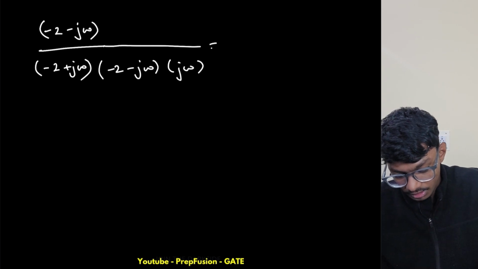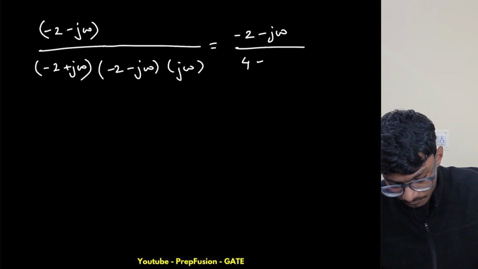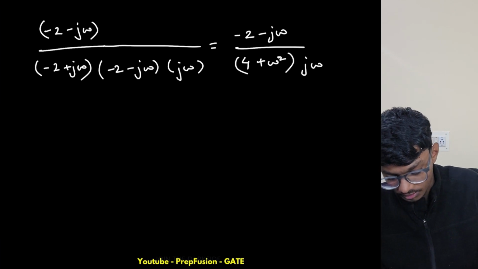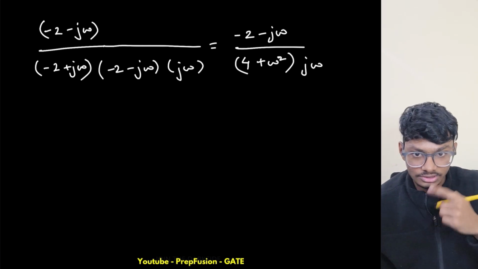The numerator becomes 4 plus omega square. Now I will separate the real and imaginary components. That's how I will understand and plot.